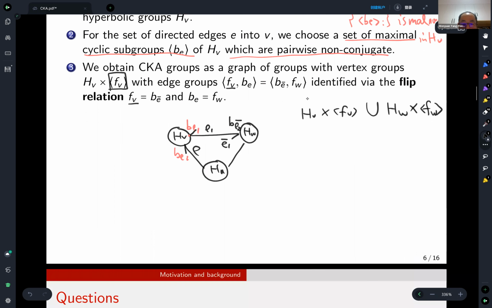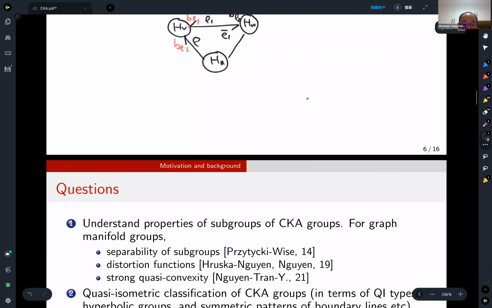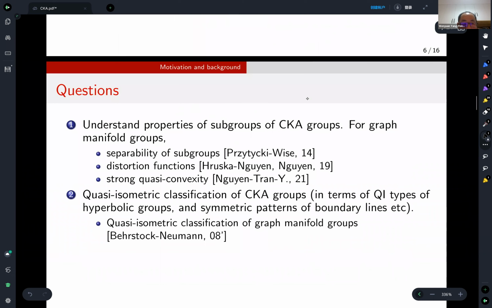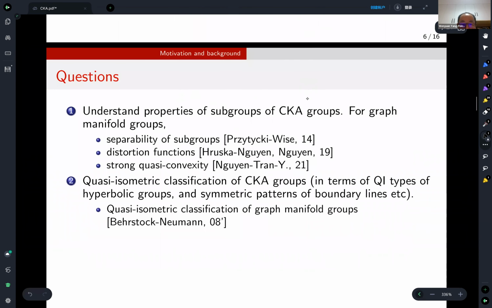Okay, so now we have some questions about the CK groups. These questions are in line with the study of graph manifold groups. First, we want to understand the properties of subgroups of CK groups.